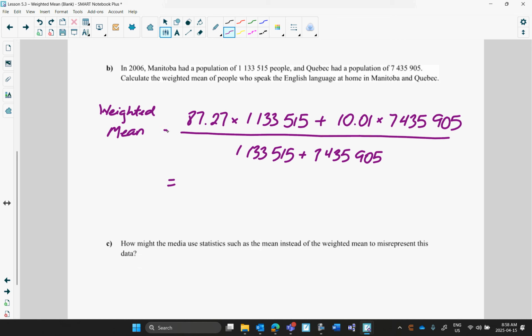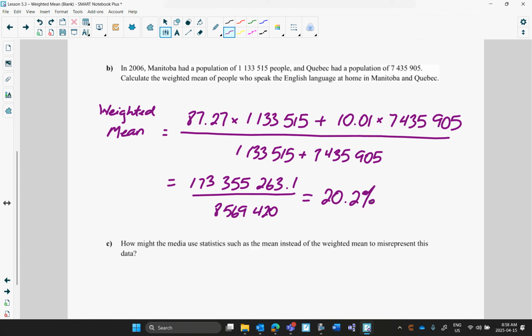In those calculations, we're going to get 173,355,263.1 divided by 8,569,420. And that's going to get you approximately 22.2%.